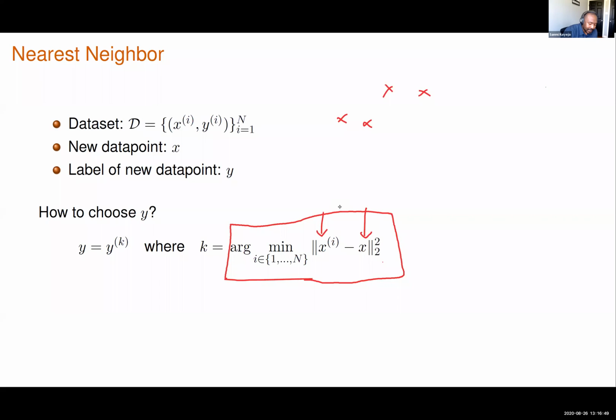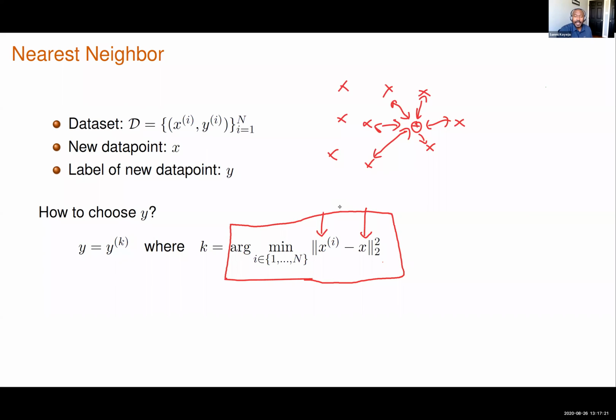If you want to visualize this, you can think about this as I have a data set of all of my examples. And if I want to predict a new example, say this plus, what I'm going to do is search in my database and look at all of the points, including the points that are farther away.